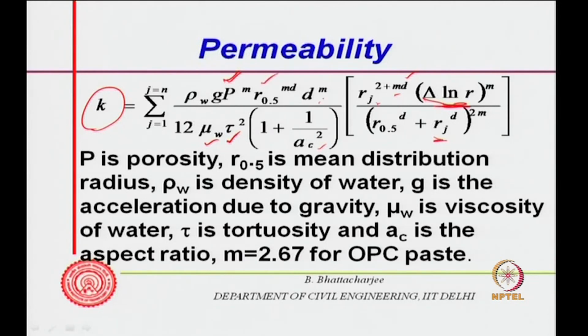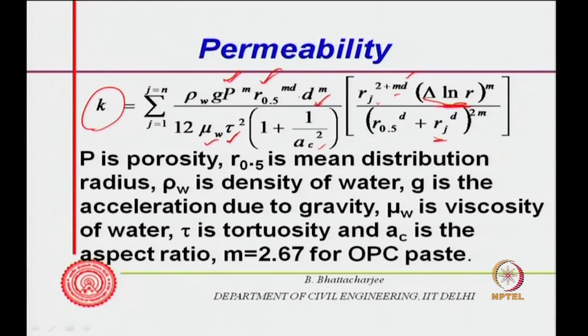R.5 and D, we said that porosity can be related to water cement ratio, and particle size of the cement particle, water cement ratio, age, degree of hydration. The D and R.5 can be related to those, and we have shown some relationship earlier when we were talking of strength, but one can relate to this.